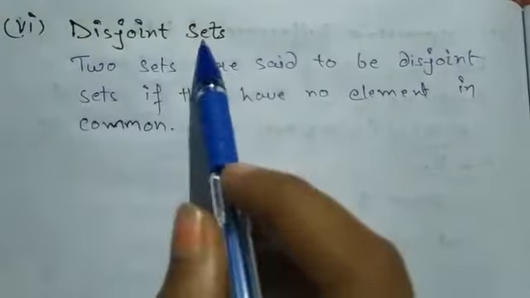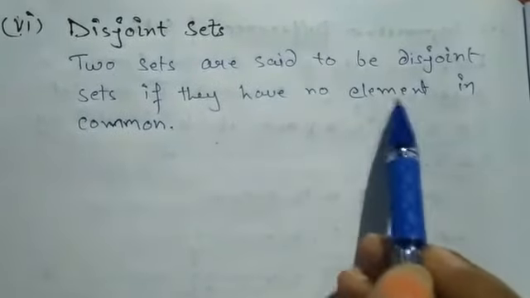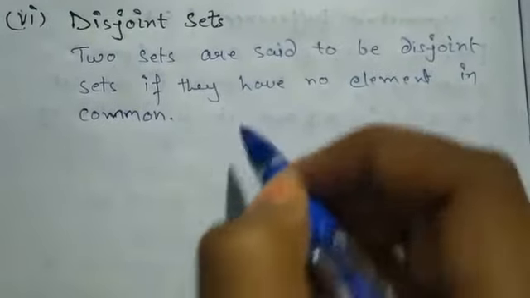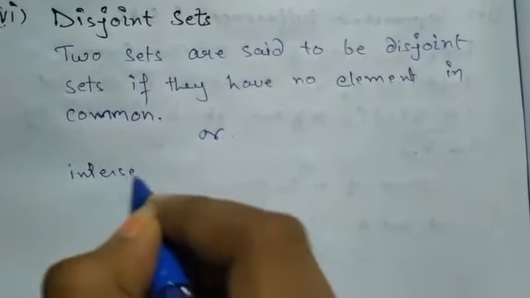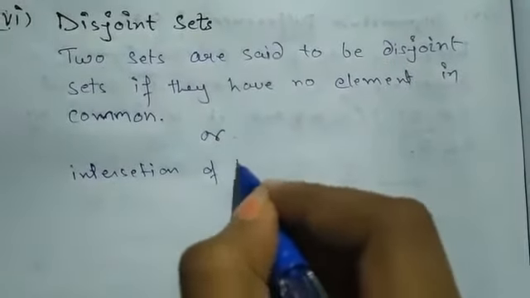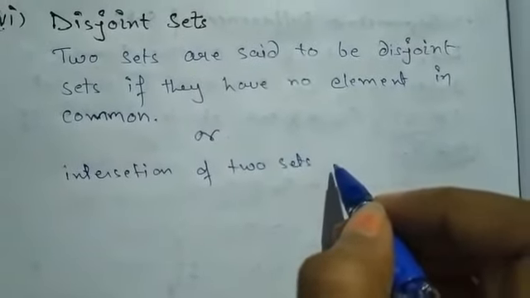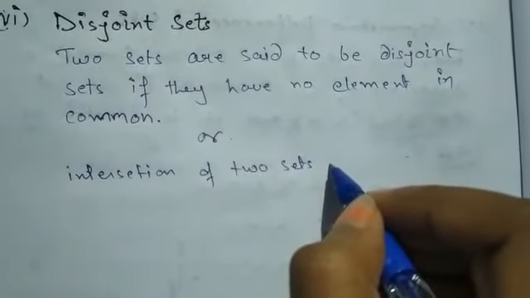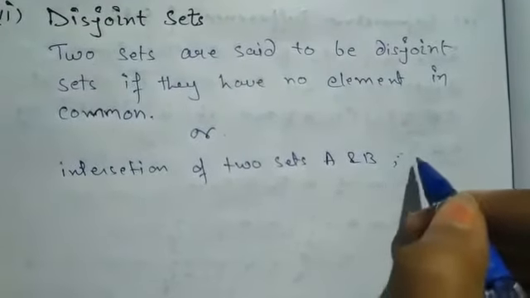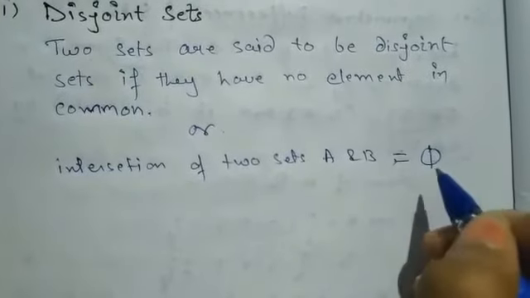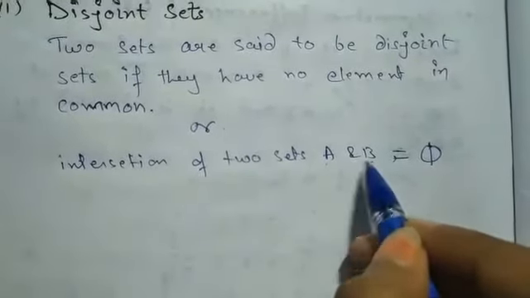Sixth, disjoint sets. Two sets are said to be disjoint sets if they have no element in common, or we can say that if the intersection of two sets A and B is equal to the null set, then sets A and B are called disjoint sets.